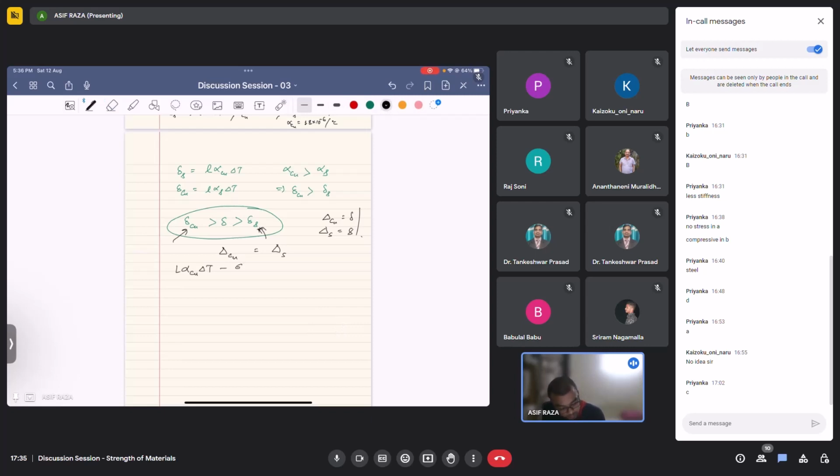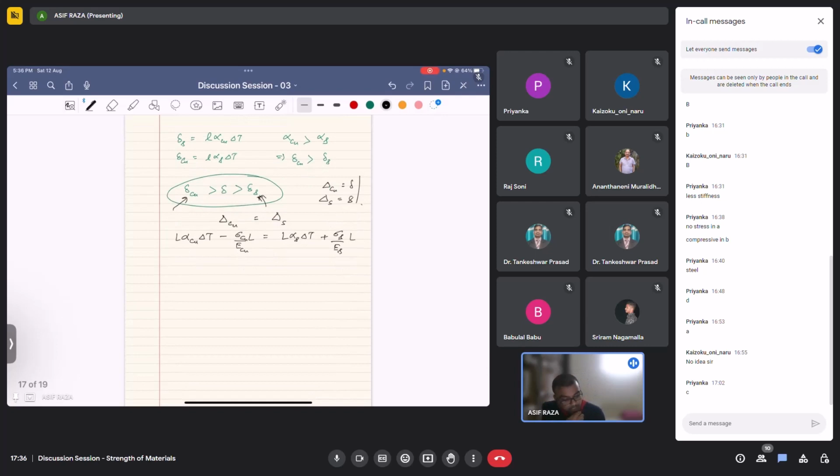Similarly, the steel was forced to extend a bit, so tensile stress would be acting on it, equal to sigma S upon ES times L. L is common throughout, so I'll write alpha Cu delta T minus sigma Cu upon ECU equals alpha S delta T plus sigma S upon ES.